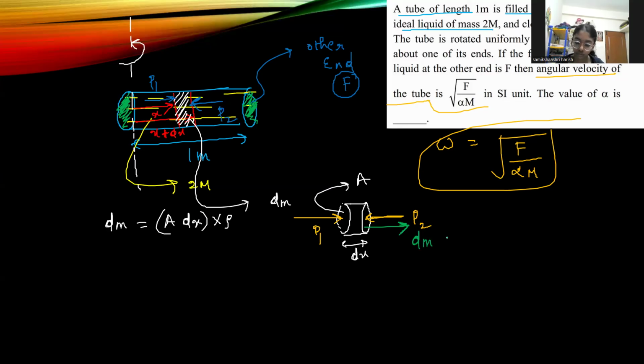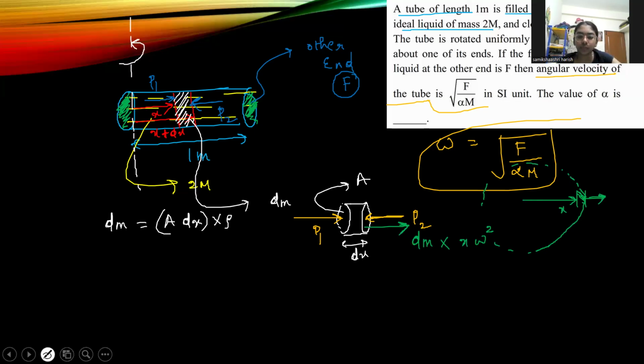And the outward centrifugal force will be dm x omega square, that is r omega square. When this small element rotates, its radius is x. On this the centrifugal force will be away from the center.